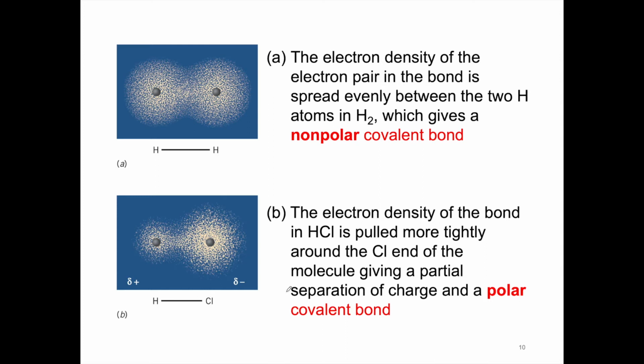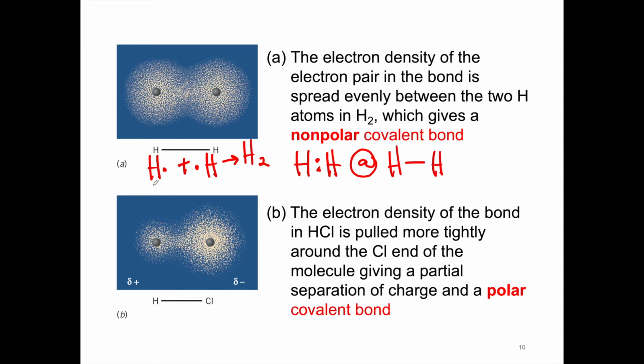If we have the same atoms sharing electrons, for example hydrogen, H2, this is the formation of hydrogen. There is sharing of electrons between the first hydrogen and the second hydrogen in order to form H2, or we usually write it as H, a single bond, H. One hydrogen atom shares its one electron, and the other hydrogen also shares one electron.